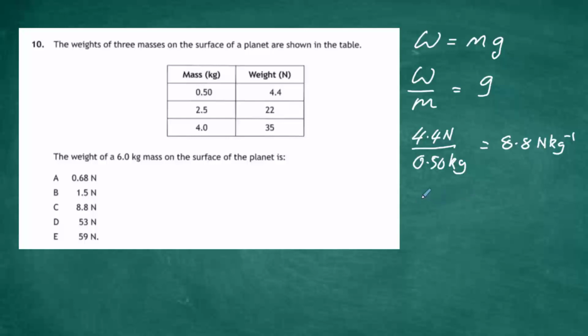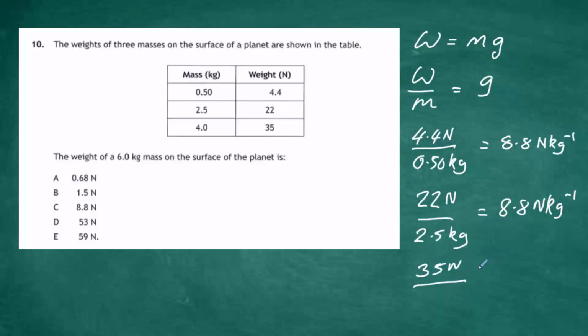Let's take the second lot of data. So we've got the weight to be 22 newtons, and we have got the mass to be 2.5 kilograms. If we divide one by the other, we end up with the same answer again, 8.8 newtons per kilogram. Let's try the third one just to be safe. We've got a weight of 35 newtons.